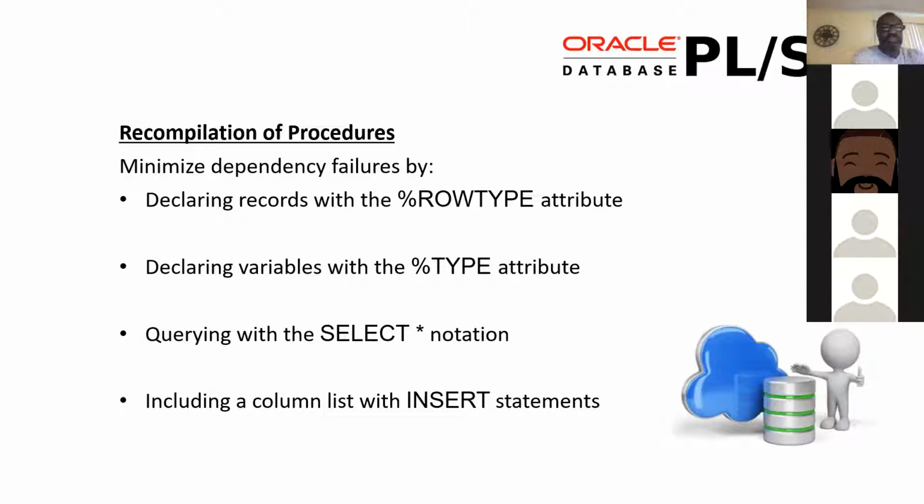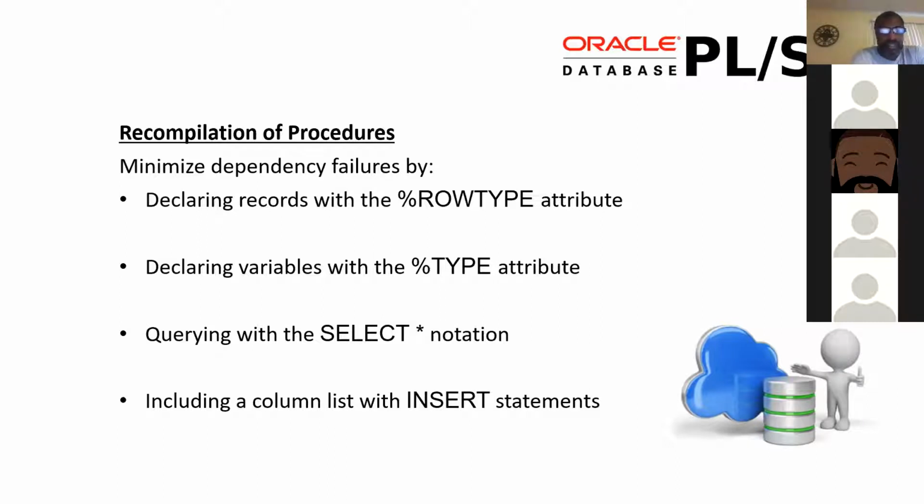And these are some of the recommendations during a recompile, which is what we learned. Basically, if you use a declaration for records, you want to use %ROWTYPE. That means that wherever that row changes to, you're not going to have a data type issue. And same with variables. And as Daniel mentioned before, if you're running a select, maybe you do want all the columns in that table, so you're using a select star. That means your recompile won't be impacted by any changes in columns.